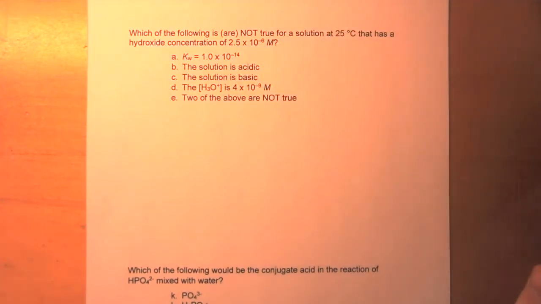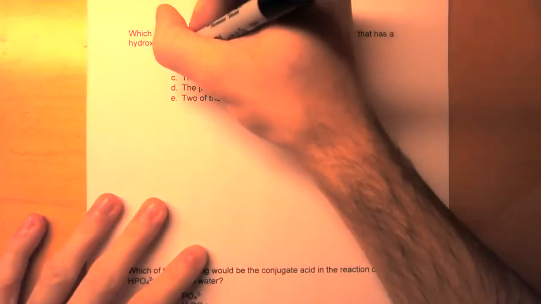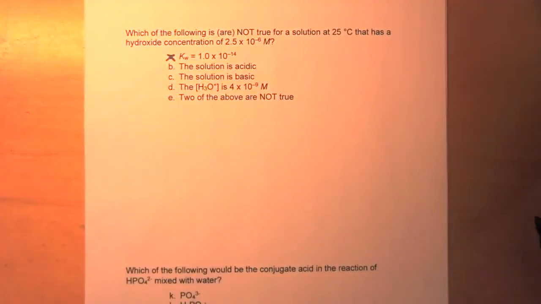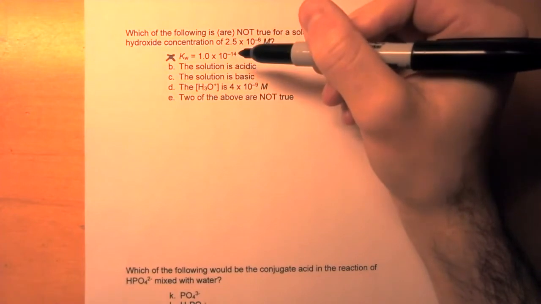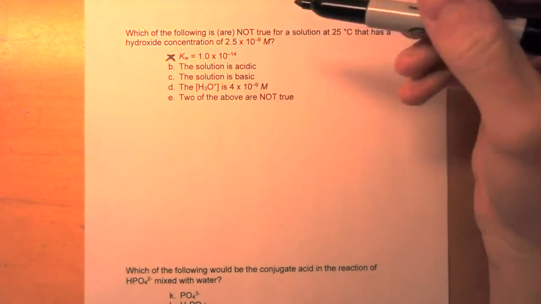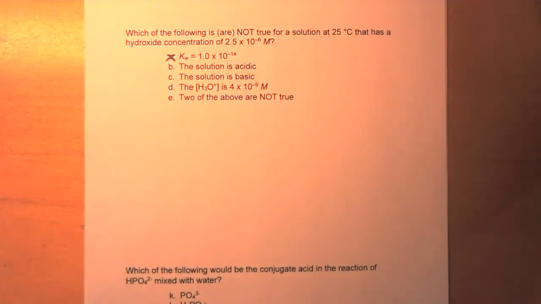Kw is equal to 1.00 times 10 to the negative 14. Is that true? Yes. It does not matter, so that can't be, because we're looking for the ones that are not true. So this one is true. No matter what situation you have, it's always going to be 1.00 times 10 to the negative 14. There's no changes to Kw.